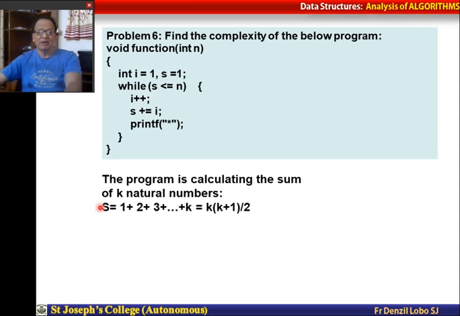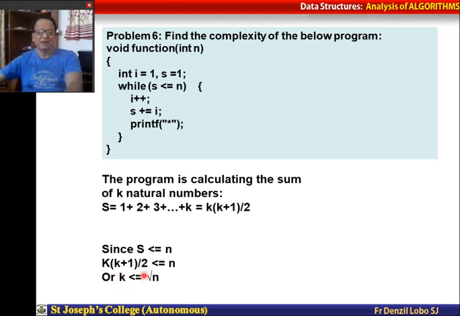Now in other words, as long as s is less than or equal to n, we will equate it. Since s is less than or equal to n, the value of this formula should be less than or equal to n. It is going to be k squared plus k divided by 2, and so on.